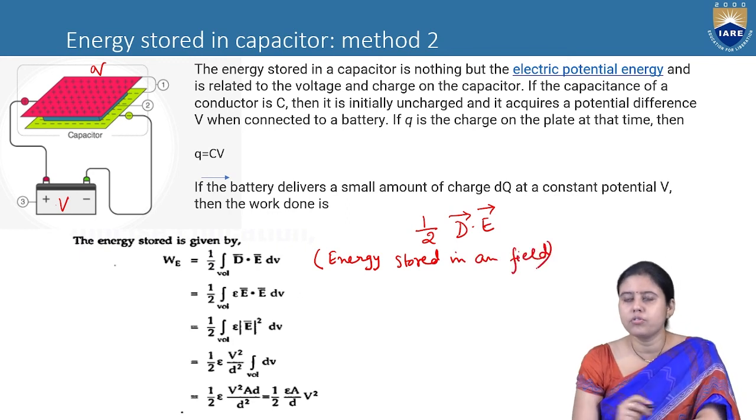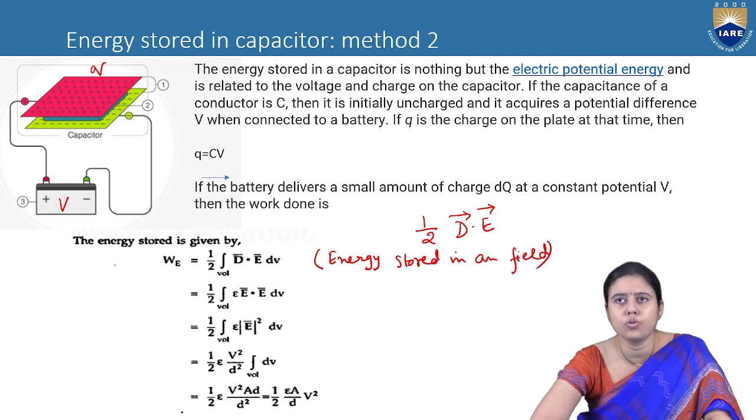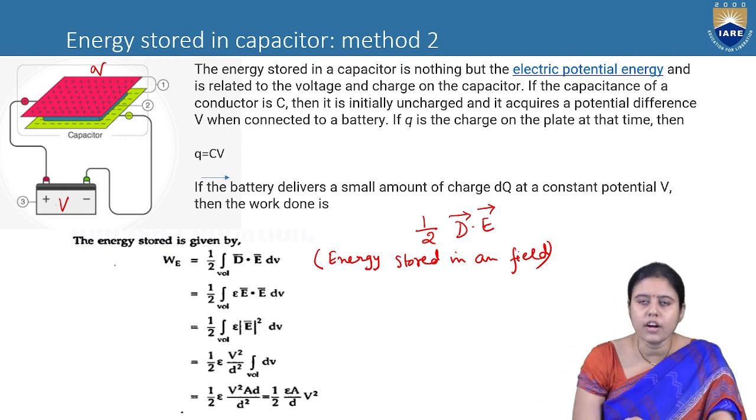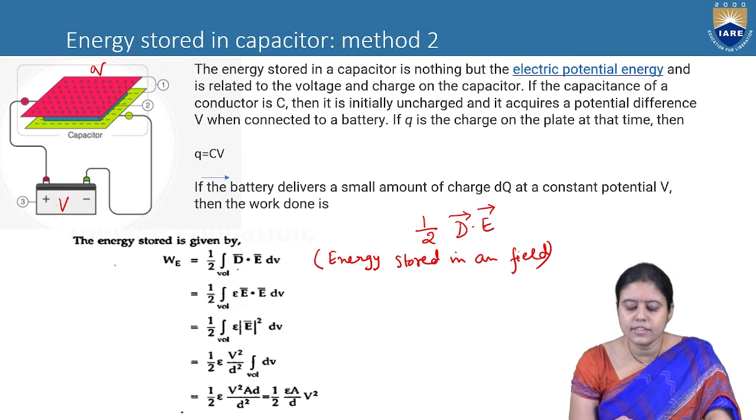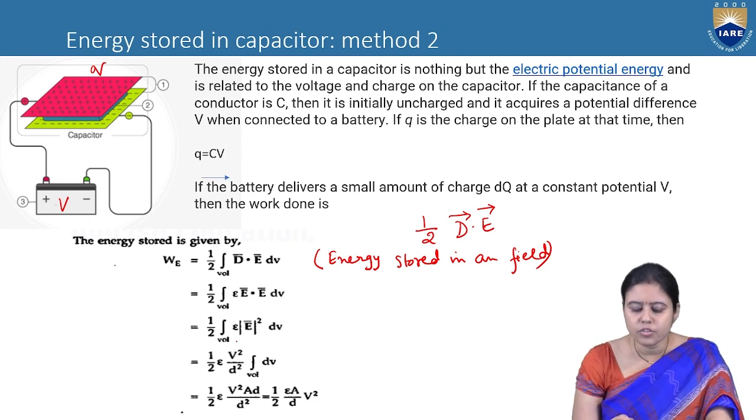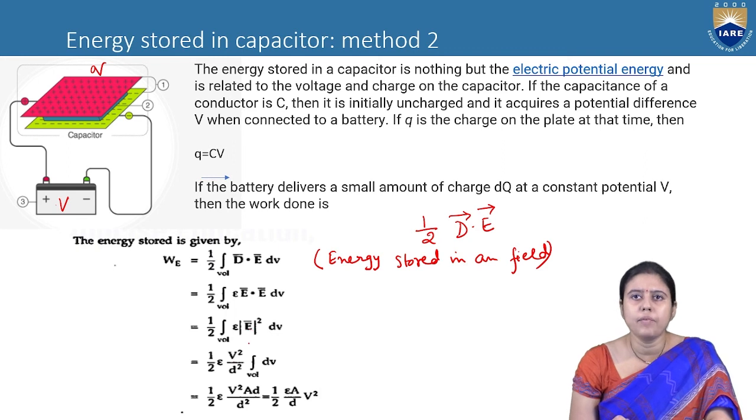If we go through this discussion, we got that energy stored in a field is always half volume integration of D dot E dV. So D is equal to epsilon E, so epsilon into E square. What is E? E is nothing but V by D, whole square.